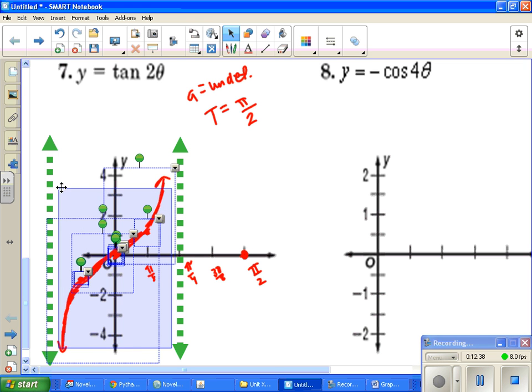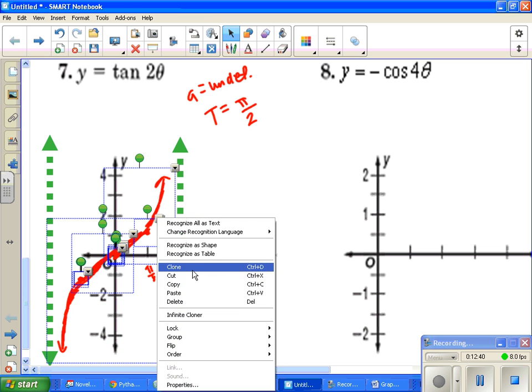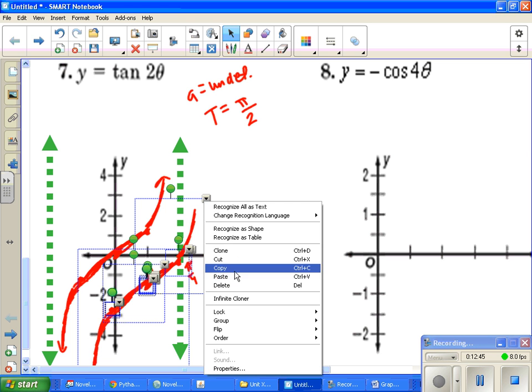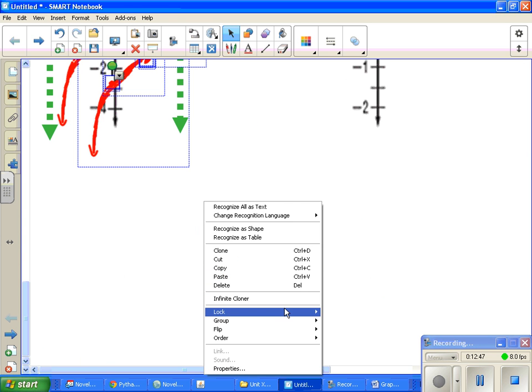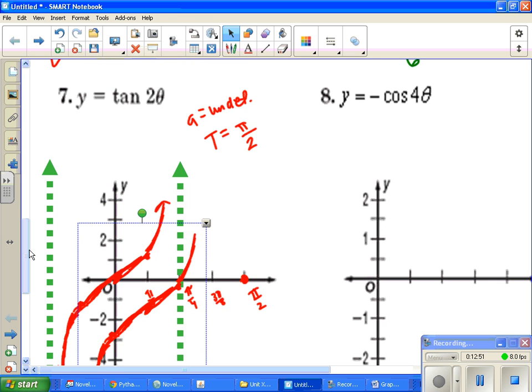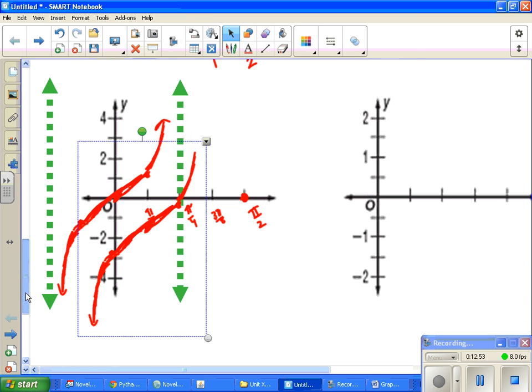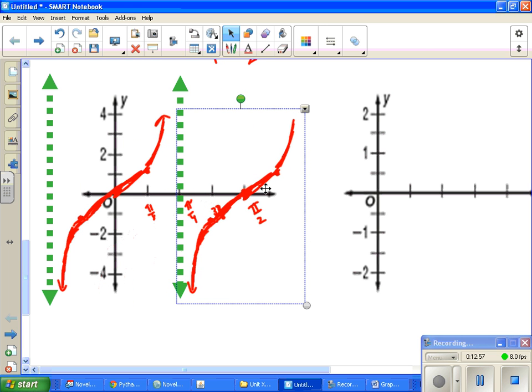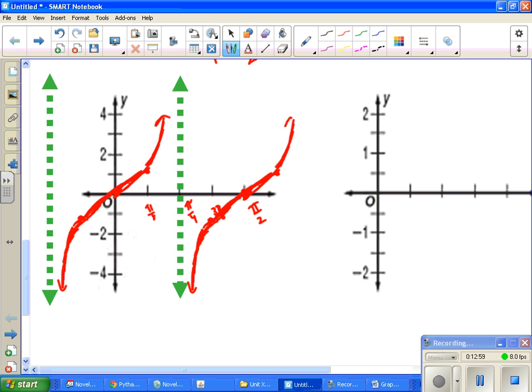There we go. And we're going to group that. So now I can just scoot it over. There we go. All right. Still hustling.